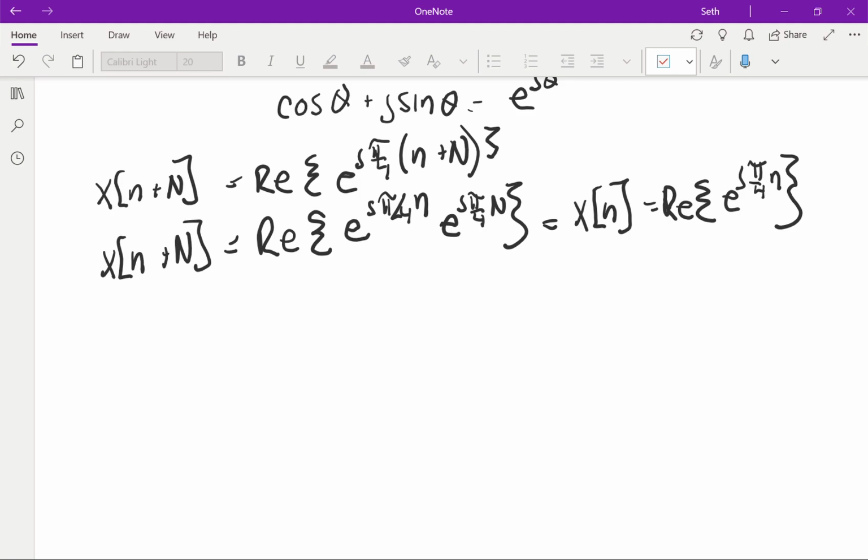Okay, since we're considering the real parts of both these functions, and they're similar, we can just neglect this for a while, and we can just write that e to the j pi over 4 n times e to the j pi over 4 big N must be equal to e to the j pi over 4 little n.